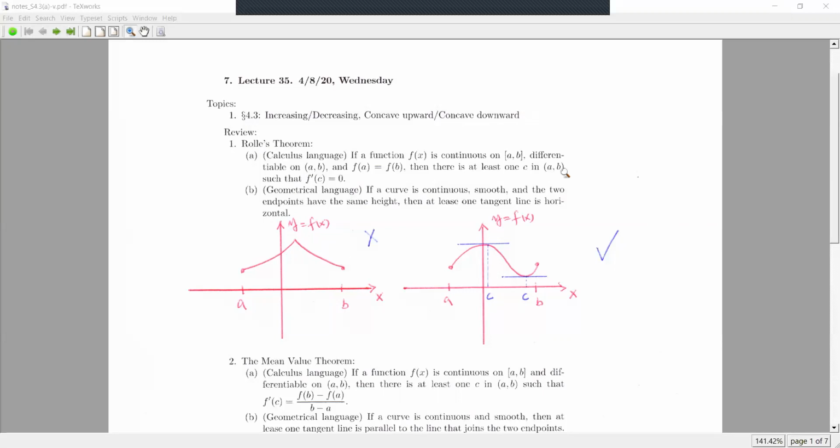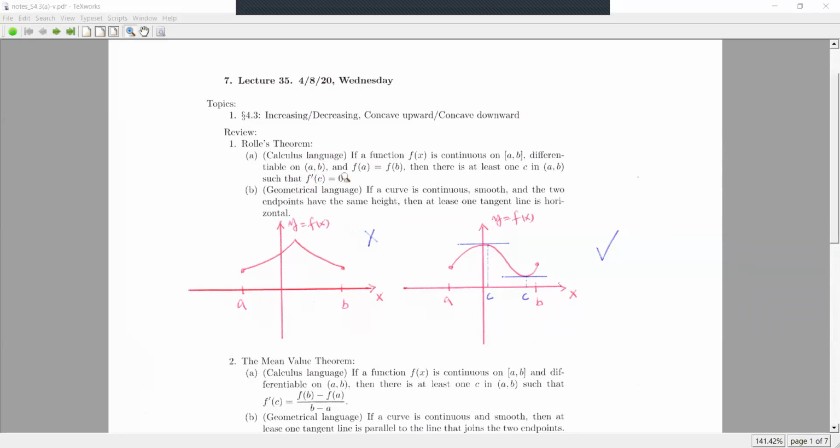So it violates this condition, differentiable everywhere on this open interval. So this curve doesn't satisfy all the conditions of Rolle's theorem. But this curve does. So you can find at least one point c where the derivative is 0.